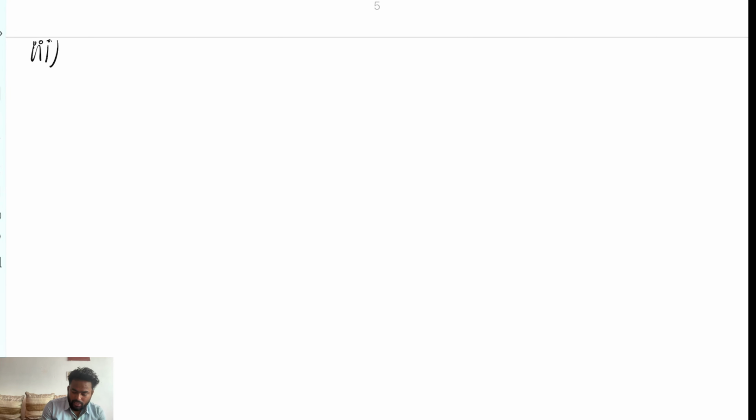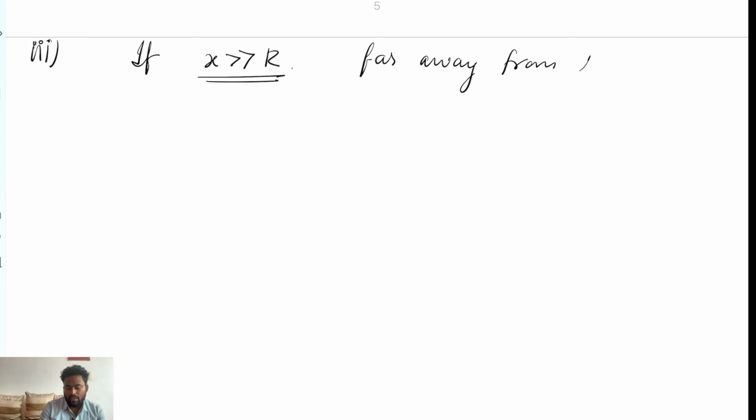Okay. Third point. The third point is that if we talk about x much greater than the radius, much greater than the radius means far away from the center, far away from the ring. If you are moving very far away from the ring, then what will happen?